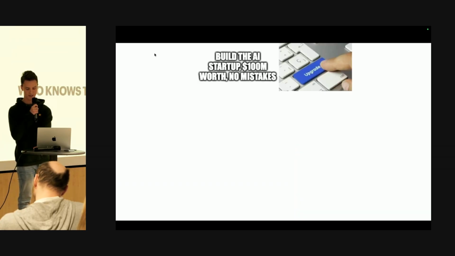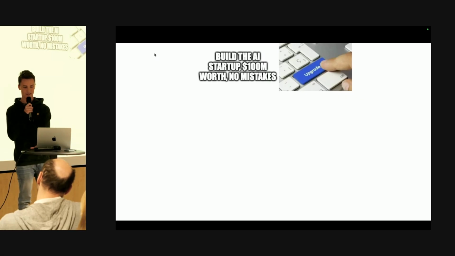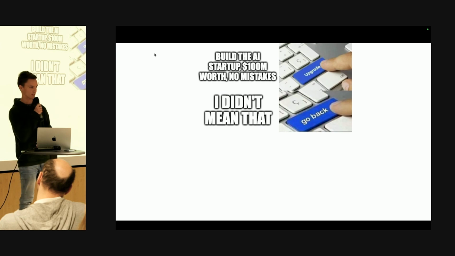Who knows that? You have an idea, you go to the Cursor chat and roughly describe the task. AI starts working on it, but then you spot a mistake and you tell AI to fix this.